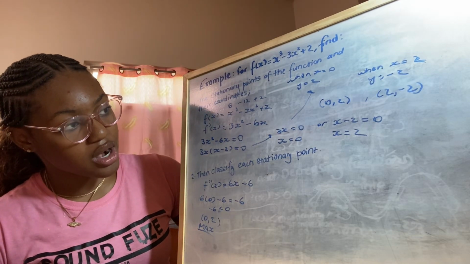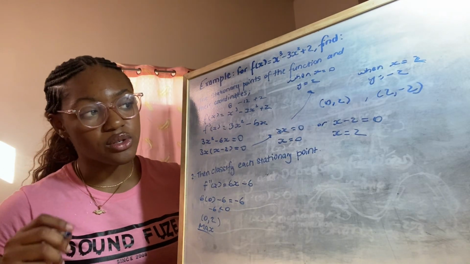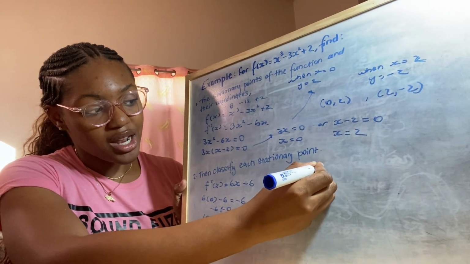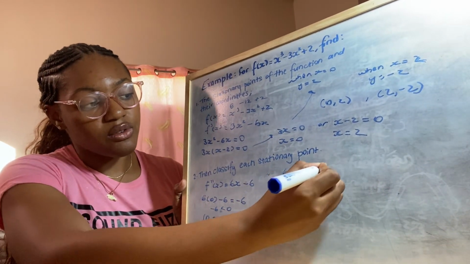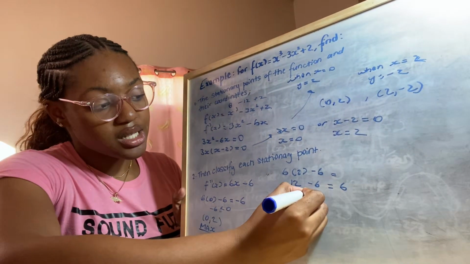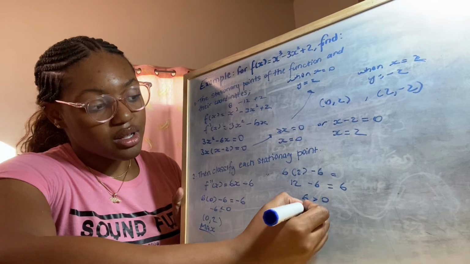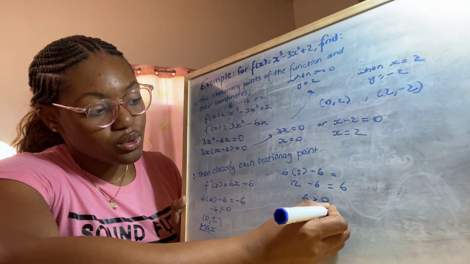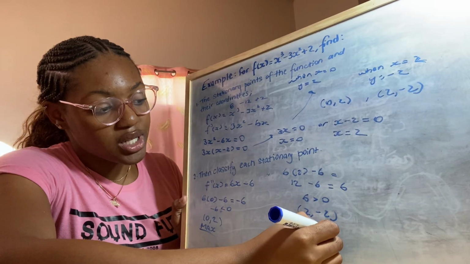And for the second point, we're going to substitute the 2 into this. So we're going to have 6 times 2 minus 6. 6 times 2 is 12, minus 6 gives us 6. Since 6 is greater than 0, that would mean that our coordinate right here, (2, negative 2), is a minimum point.